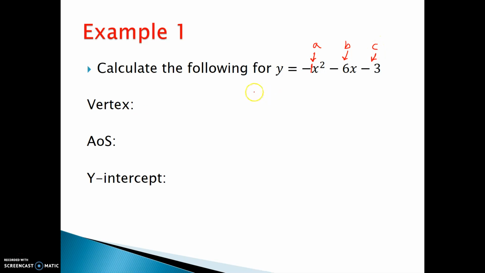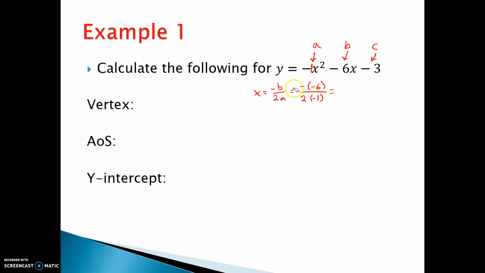All right, so the way we find our vertex, again, review: x equals -b over 2a. Well, I'm going to write negative. What's my b? Ooh, this is going to be tricky. It's a -6 over 2 times, well, what's my a value? Again, another trick here, -1. Well, the double negative up top gives me a +6.